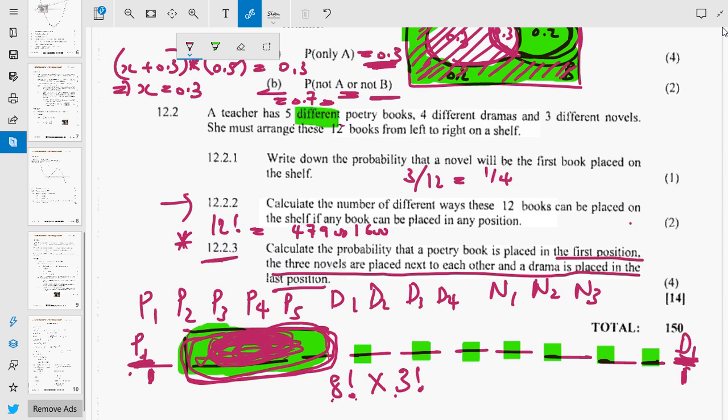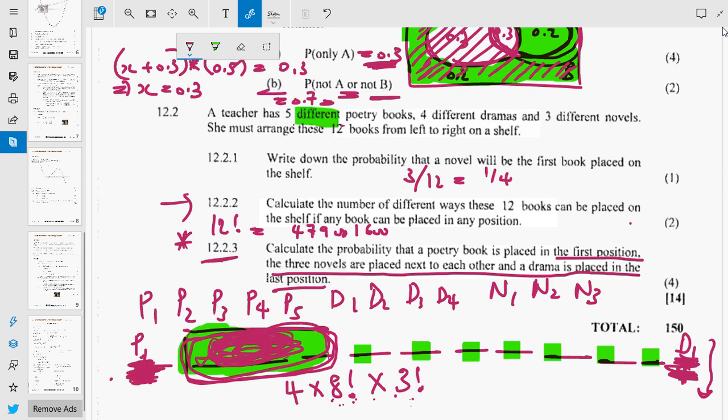I can have P1 along with D2, P1 along with D3, P1 along with D4. Now all those will be 8 factorial times 3 factorial. And you can see I repeated them 4 times, so I'm going to multiply this by 4. But I've only considered P1 with different drama books.